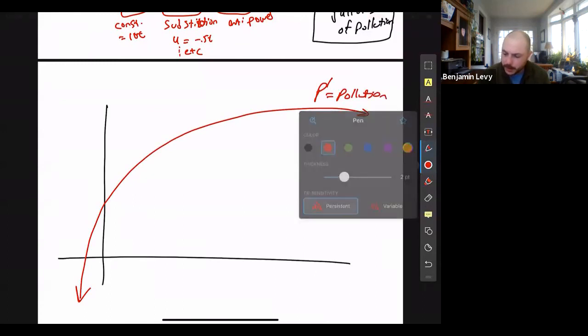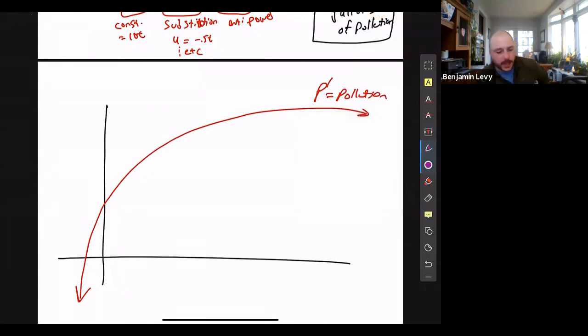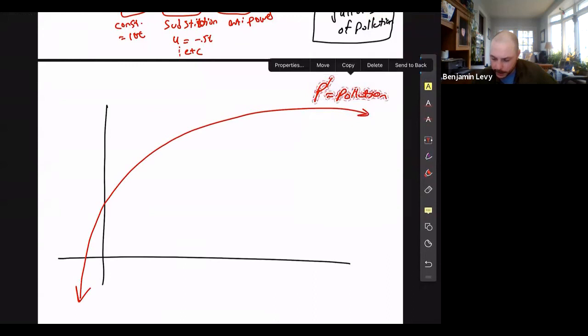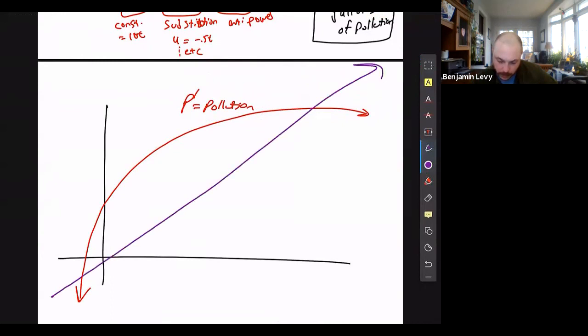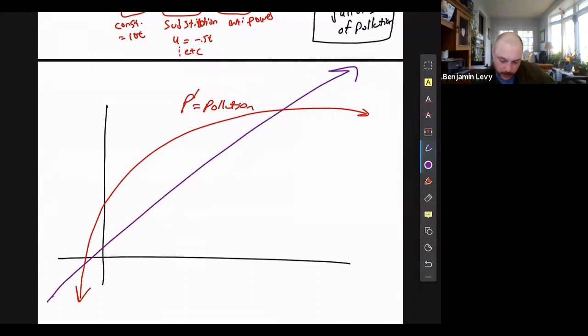And then the filtering one is the straight line, and it actually ends up intersecting that and does this kind of thing. Let me move this over. Let me do it better. Just totally rough sketches here.